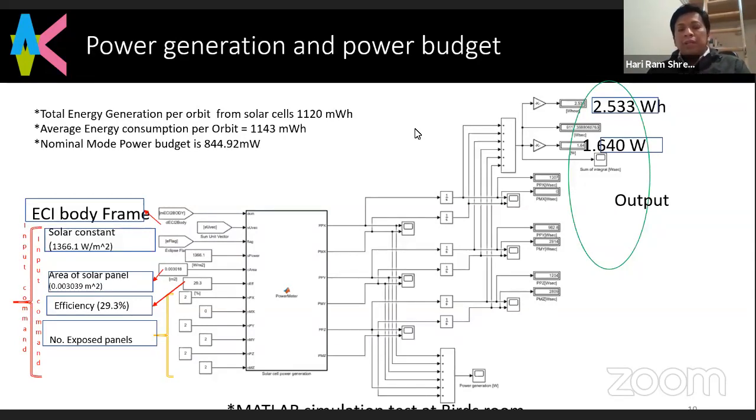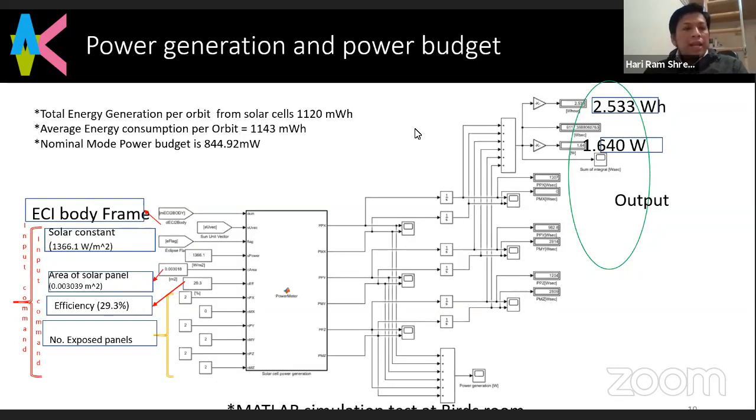So we need to give an external power source so we can generate the power. But this is the MATLAB simulation test. This one is BIRDS-3, and BIRDS-4 is exactly similar. In this case, the solar constant we take is 1366.1 watts per square meter.